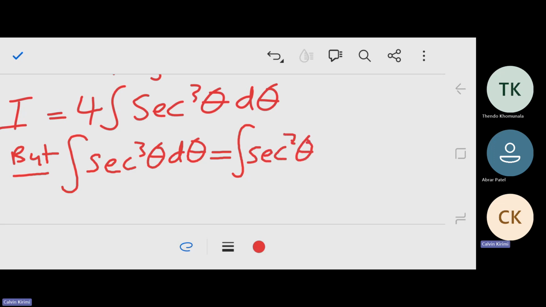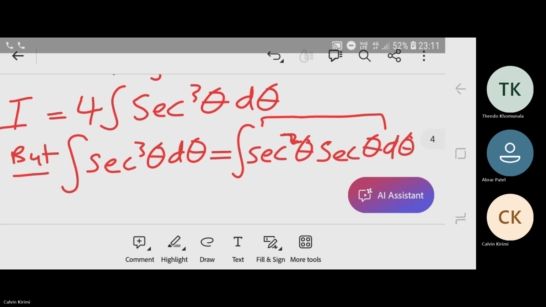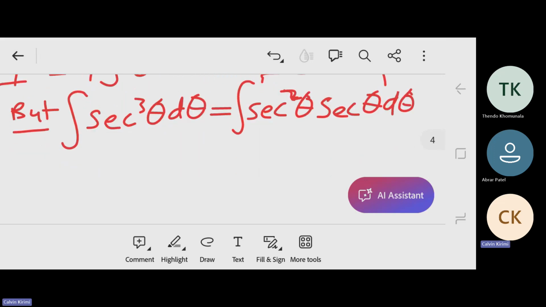So we split it into even and odd. Secant squared theta multiplied by secant theta d theta. So which means it will be by parts. So we are going to integrate these 2 by parts. So there are 2 different functions. U dv, which one is our u, which one is our v. So now we are going to say, given that situation, we are integrating by parts.